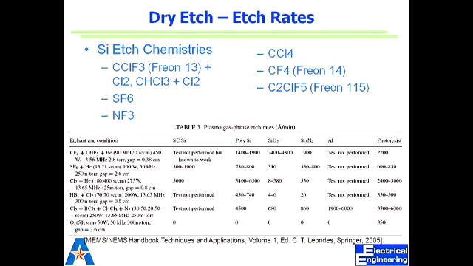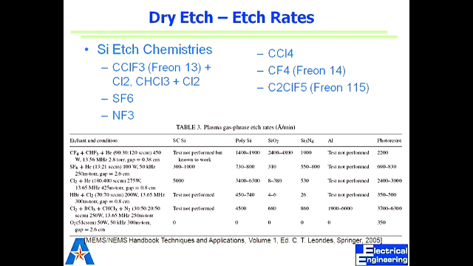But for silicon dioxide, yes, I can use CH4 plus CHF3 plus helium under these conditions. I can use photoresist as the etch mask, because silicon dioxide has approximately 3000 to 4000 angstroms per minute, which is much higher compared to the photoresist etch rate.